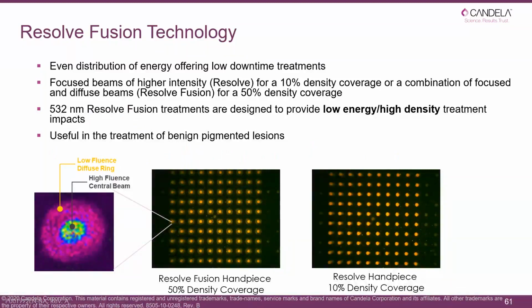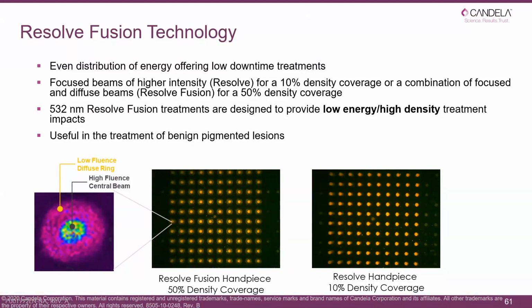The difference with Resolve Fusion over the standard Resolve 532 is, rather than delivering these high energy single microbeams, what we're doing is we're still delivering 100 microbeams, but we're giving two different energy densities for each one of those little beams.